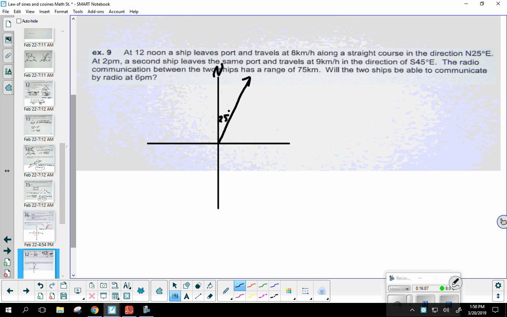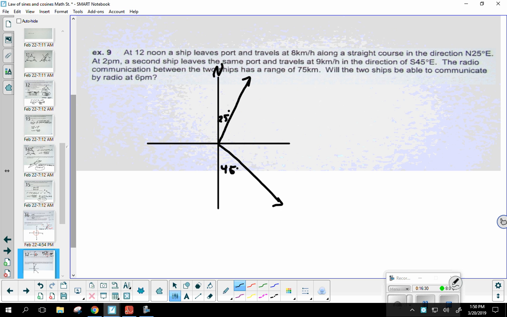So that would put me in what quadrant? Okay, 4. So we start on the negative y-axis and rotate toward the right because it's east. Okay, south 45 degrees east. So let's say like this right here. Okay, so this would be 45 degrees.